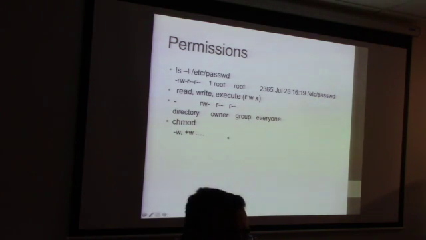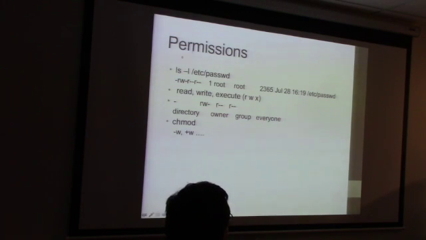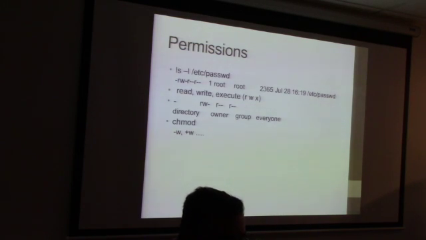Is that clear? Okay, so when you see a file, you will see that it usually has characters here. As you can see, there's a blank, RW, blank, R, blank, blank, R, blank, blank. So what that means is, sorry, there's 10 characters that will tell you the entire status of that file or directory, all right?